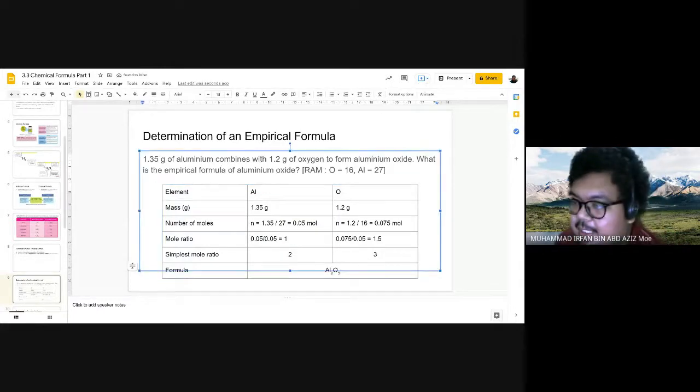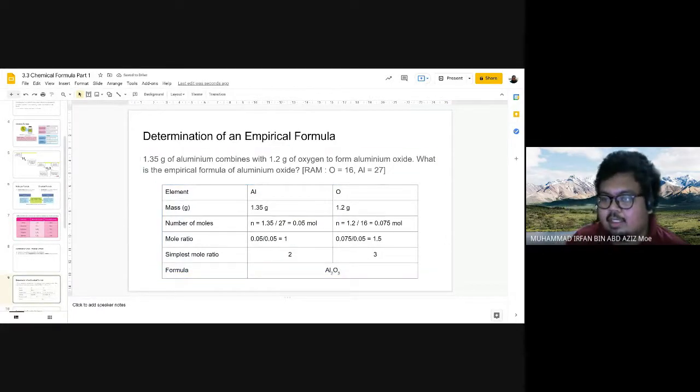This is the empirical formula. Why? Because we cannot simplify it more. If we simplify it more, we will not get whole numbers. We will get Al and O 1.5. Okay, understand?